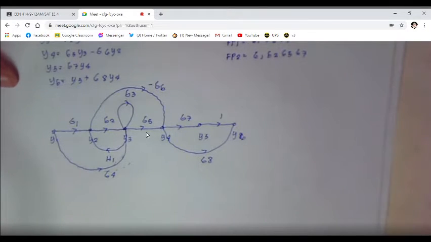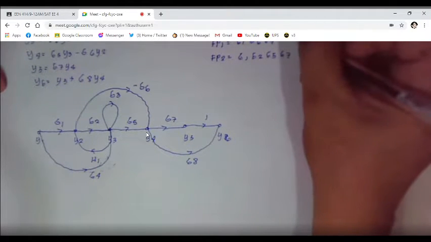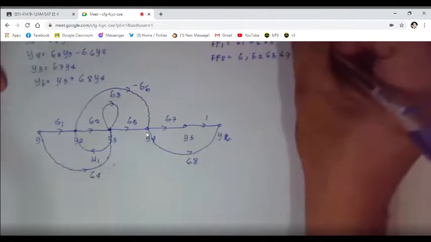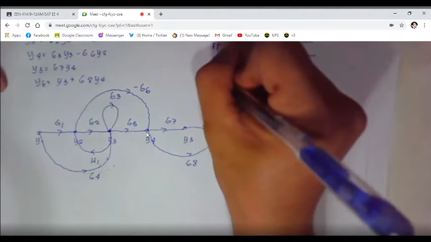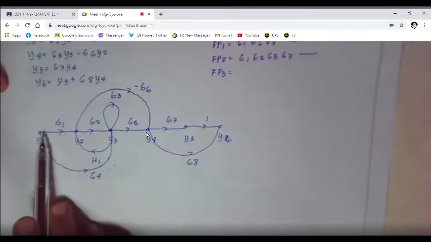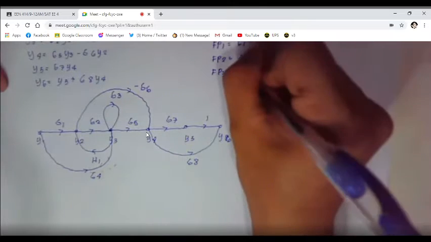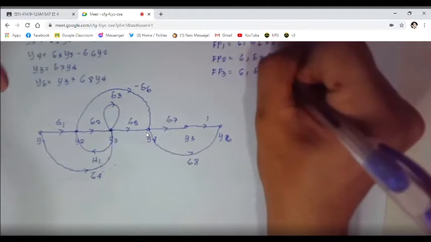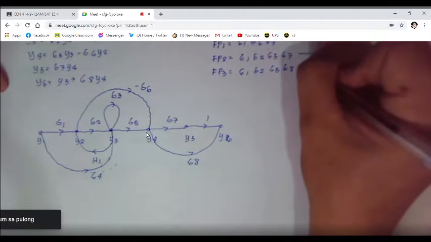Straight line. Parang yung number 1, ito. Tapos yung forward path 3, yung pinili natin muna ito. That is G1, G2, G5, saka G8. So, ganito yan.